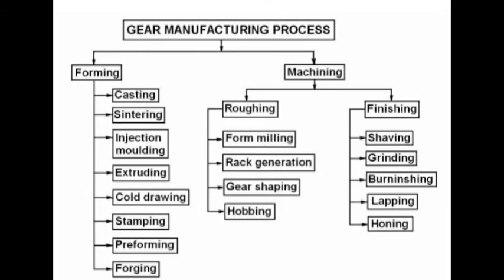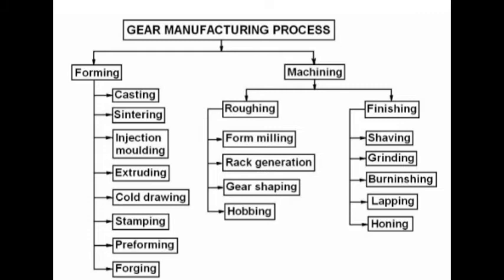So in the gear manufacturing process, we can make the gears by forming operations, which are chipless operations, or we can machine the gears. Different methods are available in the forming process, such as casting methods. If the gear is very big, then we can cast the big gears, and by sintering also we can make the gears.